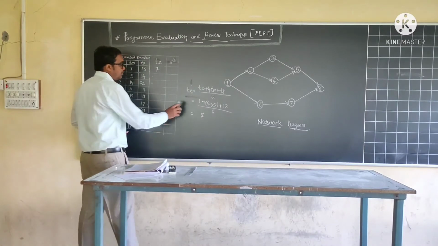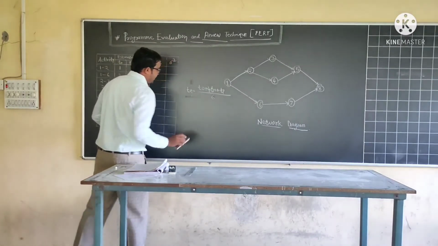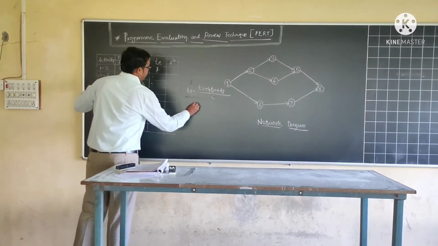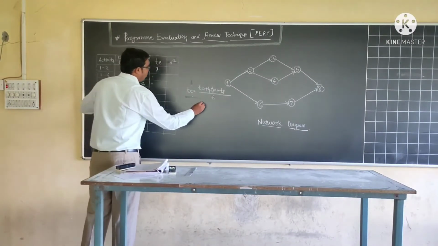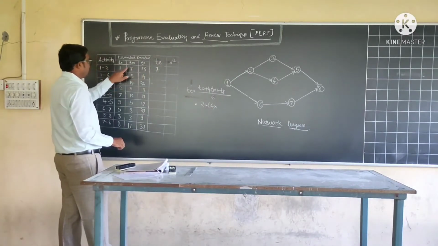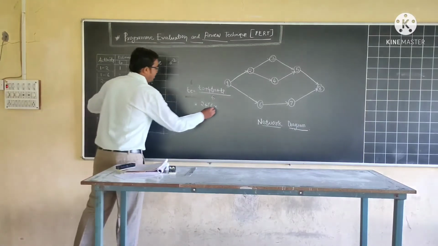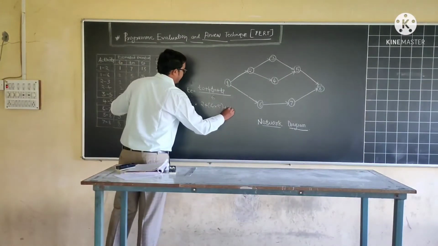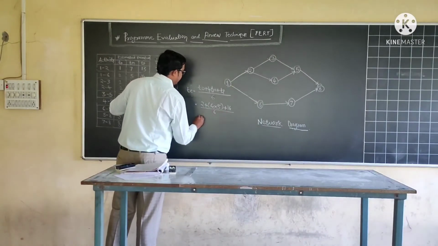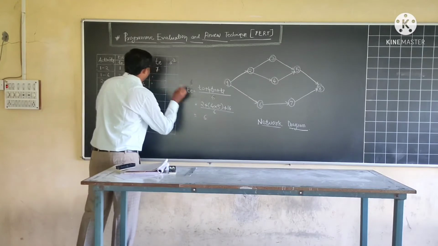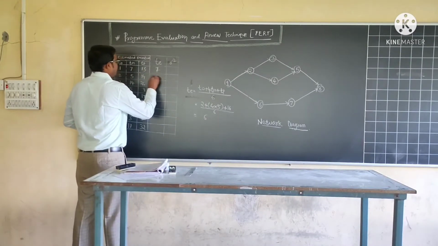Likewise, do the calculation for activity 1 to 6. TO is 2, plus 4 into TM, which is 3, so 2 plus TM, plus TP 14, divided by 6. It comes to 6, so we write down 6 here.